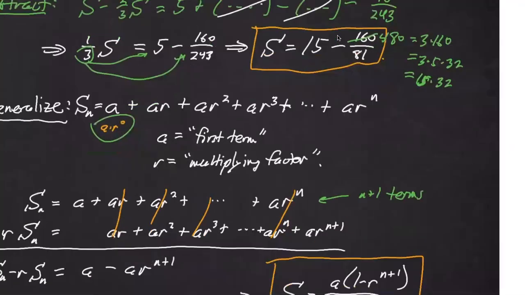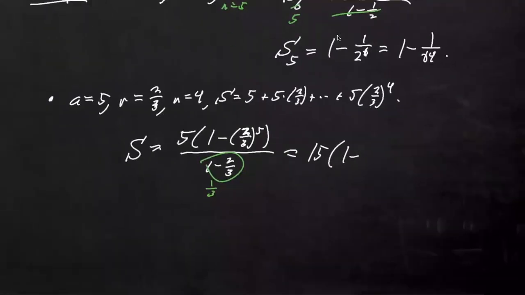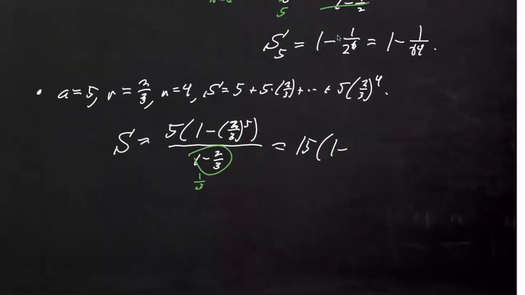But either way, you have to do things right. So 1 minus 2 to the 5th is 32 over 3 to the 5th, which is 243. So it actually is the same answer as we had before, because I could factor the 15 out.